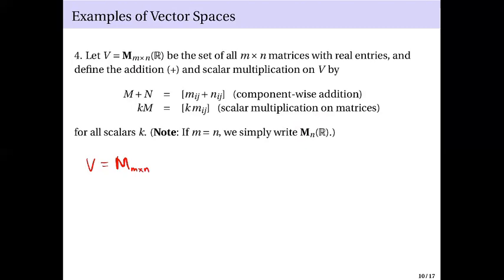If I get a matrix n, this will have components a11, a12, etc., a1n, and then the second row, a21, a22, until a2n, and then the last row, am1, am2, until amn. So this is the form of the m by n matrix, the form of the objects in capital V.